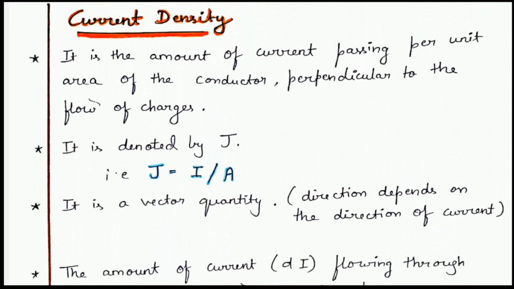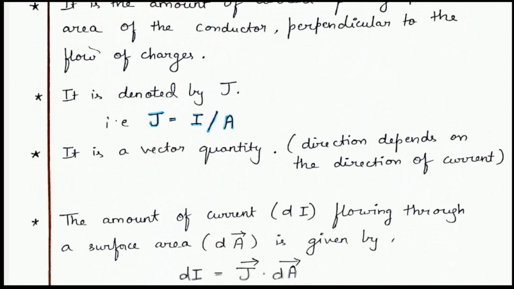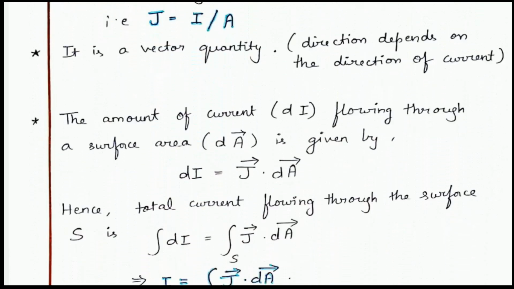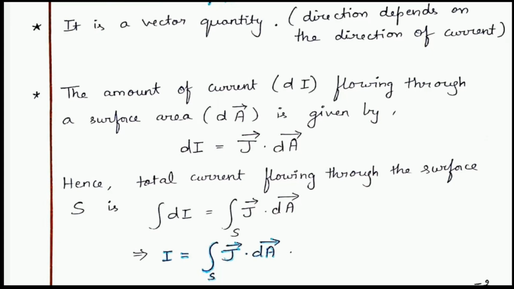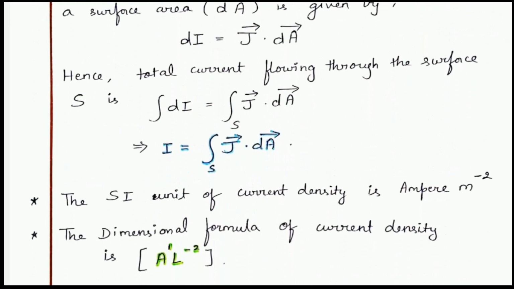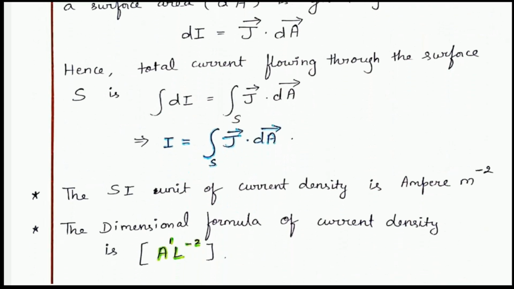So in order to get the perpendicular component, we must calculate the dot product. If you integrate this equation, you get the total current flowing through the surface. So the total current will be I is equal to the integral over the total surface of J vector dot dA vector.